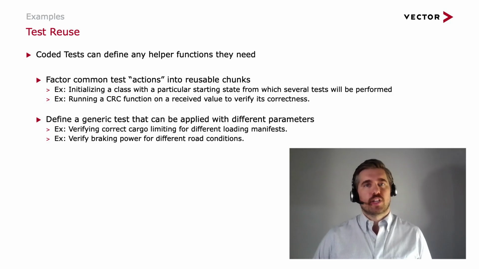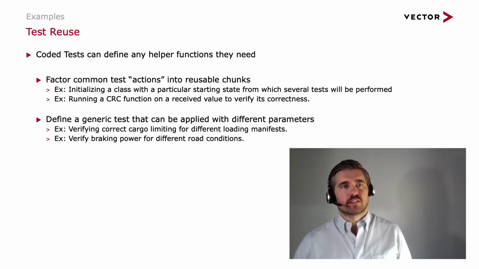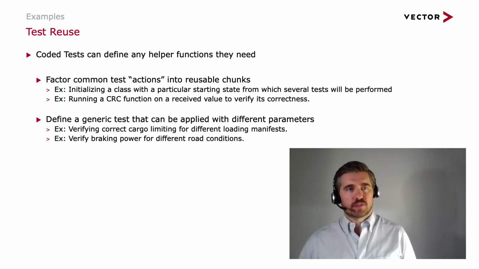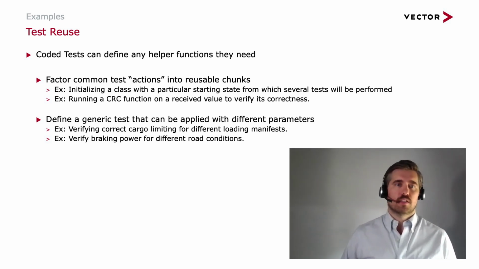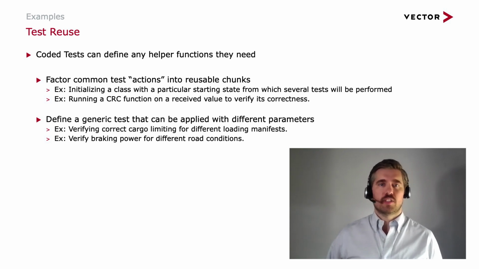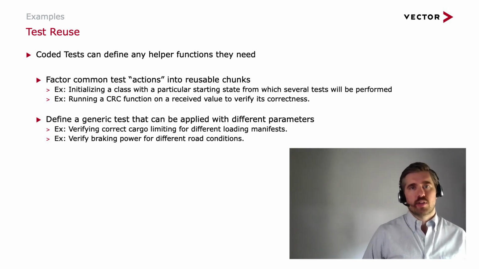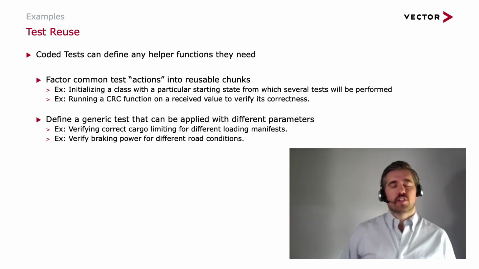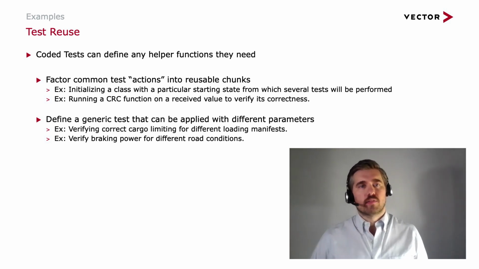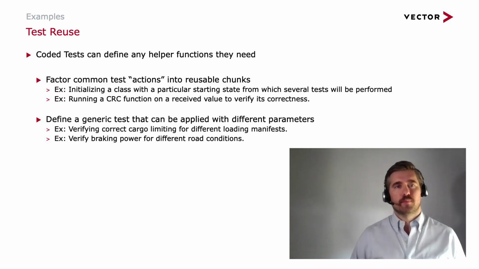Let's talk about test reuse. Coded tests allow you to define helper functions in your testing file, and those helper functions can be used by any of your tests. So instead of tediously setting up objects or handwriting implementations individually for every single test, if you have common actions that you need to be performed, you can just write one function and call that in any test that you need.